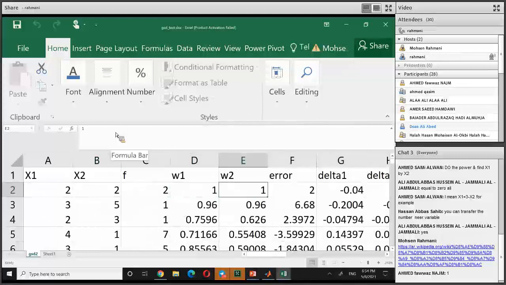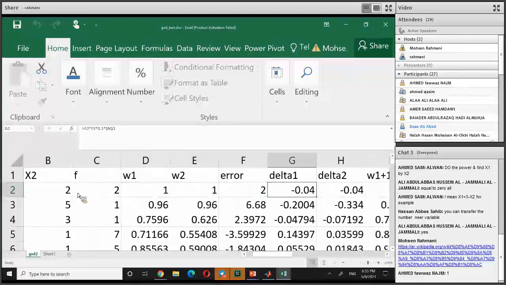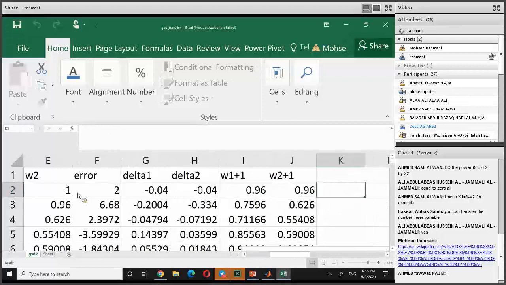Again, I have x1, x2, f, w1, w2, error, delta 1, delta 2. This is w1 after changing by the GD rule. I mean, this column w1 is the summation of delta 1 and W1.